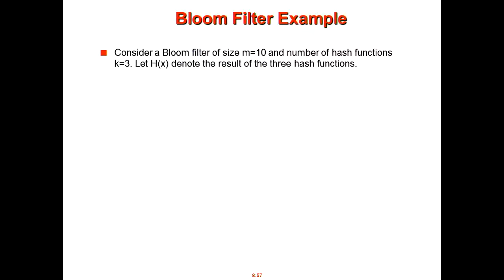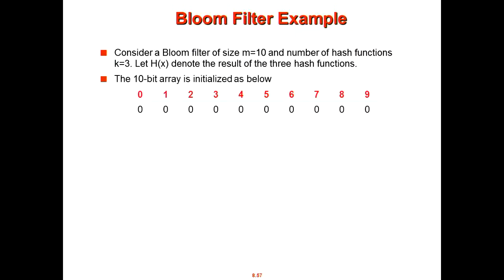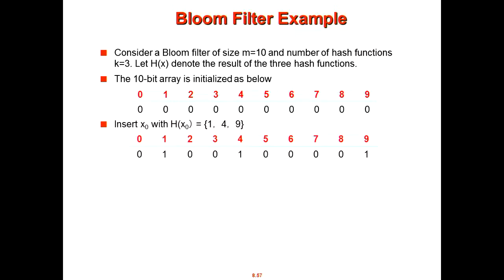So let's look at one example. Assume that we have a Bloom filter of size 10, and we use 3 hash functions. We have a bit array of 10 bits, and each x denotes the result of the 3 hash functions. Assume that for the first element x0, the 3 hash values are 1, 4, 9.